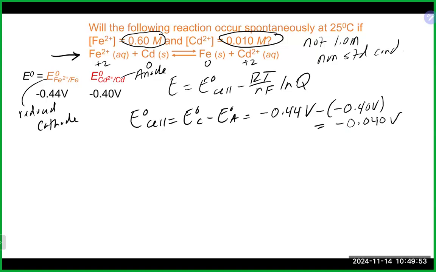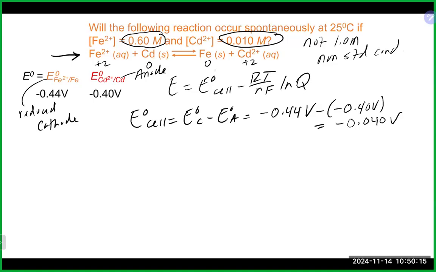So under standard conditions, this reaction is non-spontaneous, because it's got a negative voltage. So what we're seeing here is, by playing with the concentrations of our anode and cathode, can we maybe make this non-spontaneous reaction actually become spontaneous?